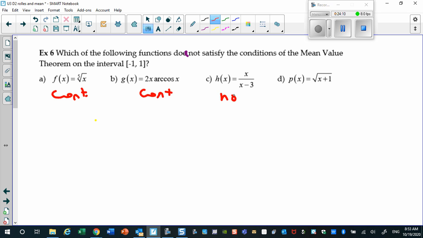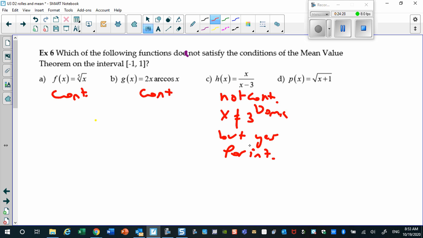This is a continuous function, so that's good. This is not continuous, because x can't equal 3, so not continuous over its domain, but yes for the interval. So it's good for the interval, so that's really the thing to think about. And then this one is continuous.